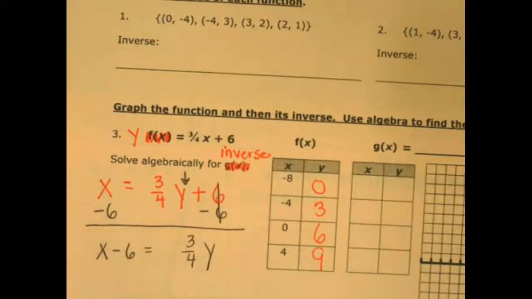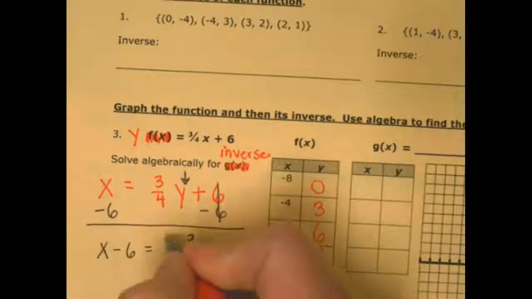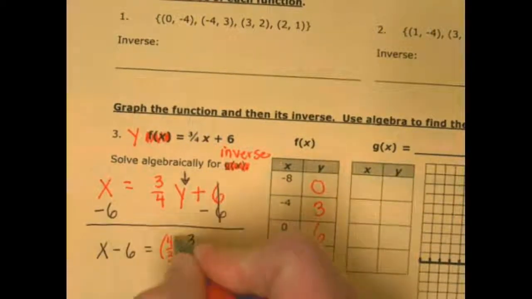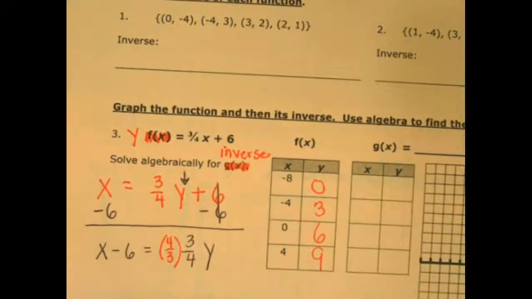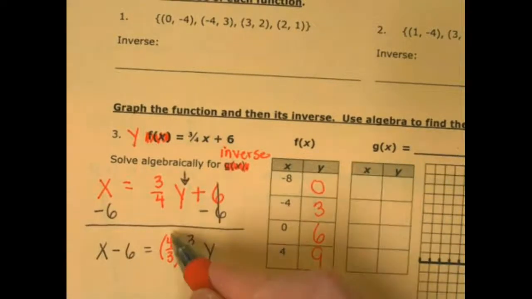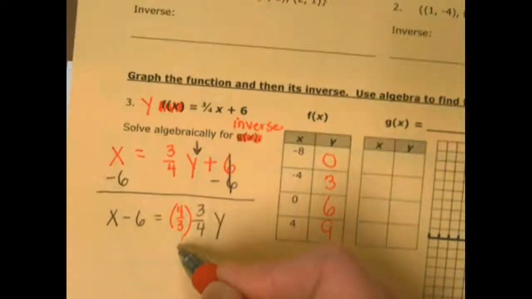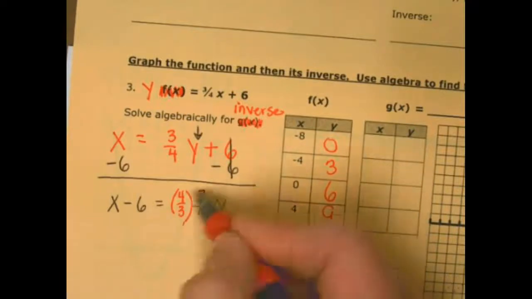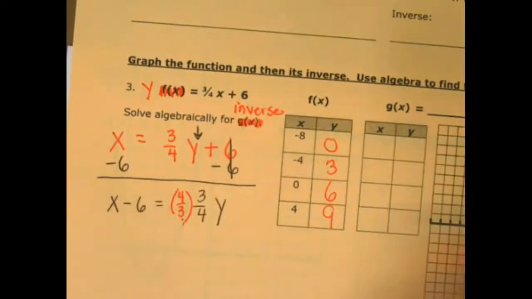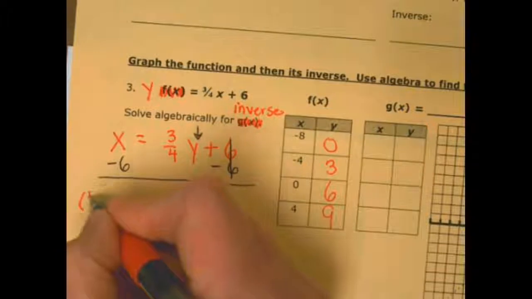What am I going to do with the 3/4? You want to do this in one step or two? If you want to cancel out the 3/4 in one step, what is the reciprocal of 3/4? The reciprocal, not the decimal, the reciprocal of 3/4 is 4/3. And if I multiply this side of the equation by 4/3, what do I have to do on the other side?